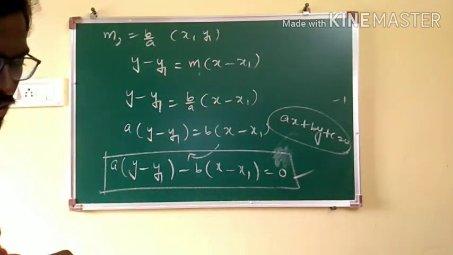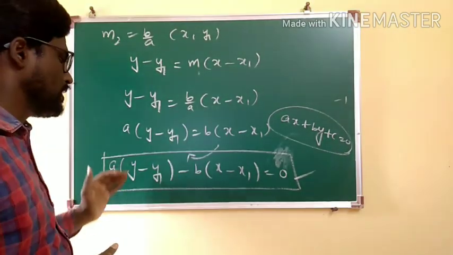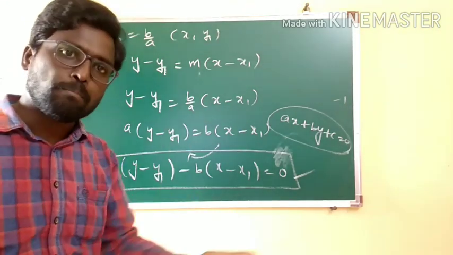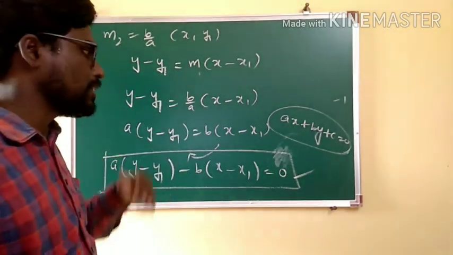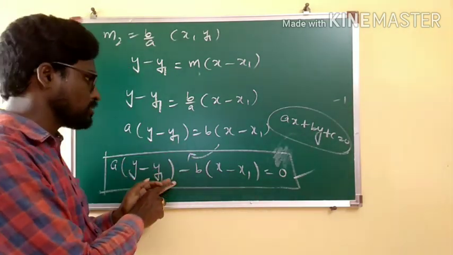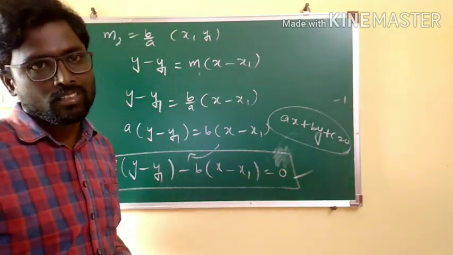See what kind of results we are getting here. Earlier we got a into x minus x1 plus b into y minus y1 equal to 0 when we took the parallel condition. Now when we take the perpendicular condition, we get something different: a into y minus y1 minus b into x minus x1 is equal to 0.